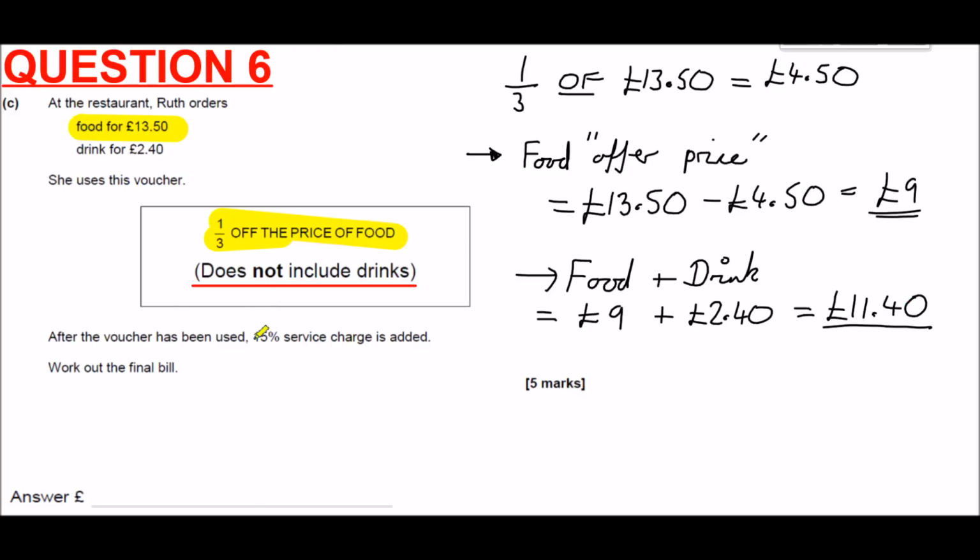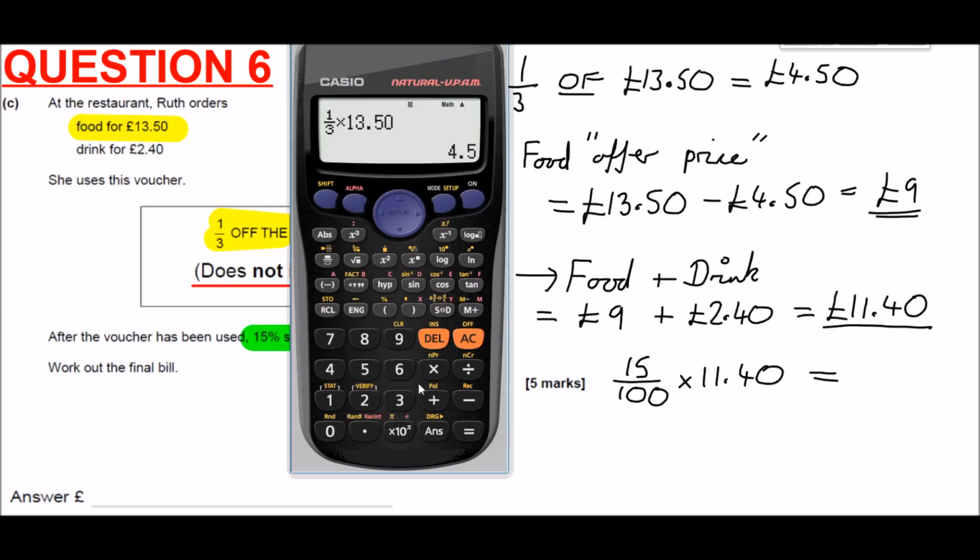Now what we need to do is work out the 15% service charge. So 15% service charge is added to the subtotal of everything. So if a bill comes to £11.40, we then add on 15% of £11.40. So 15%, which means 15 over 100, of £11.40, we can work out easily enough on a calculator.